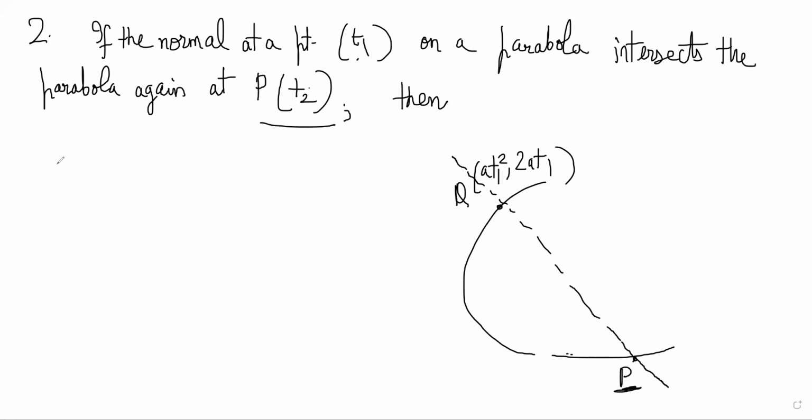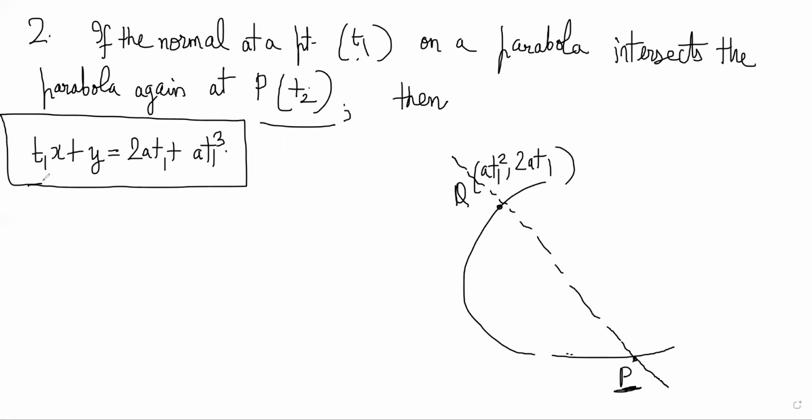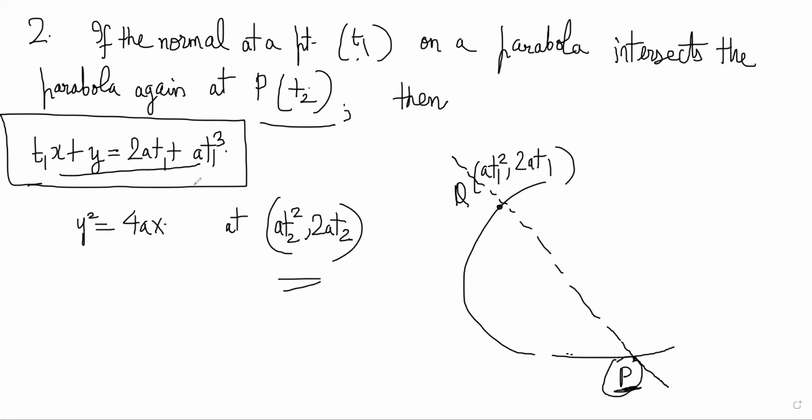So we have the equation of the normal. Equation of normal would be t1x plus y is equal to 2a t1 plus a t1 cube, right? And this must cut the parabola y square is equal to 4ax at some other point, right? So it cuts the parabola at, let's say, at2 square comma 2at2, right? This point P, at2 square comma 2at2, lies on the line, right?